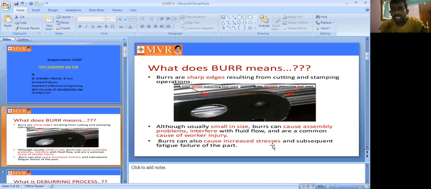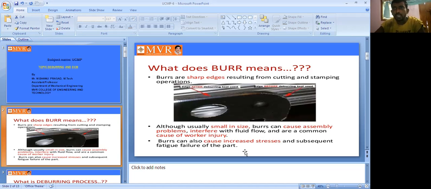So that is the introduction to the burr: what a burr is and how it is caused. In this slide we discussed that burrs are formed by cutting and stamping operations. Burrs cause problems mainly in the assembly process, they increase the stresses, and they cause failure of the part.